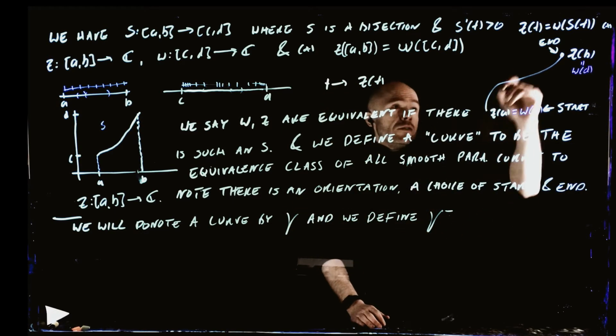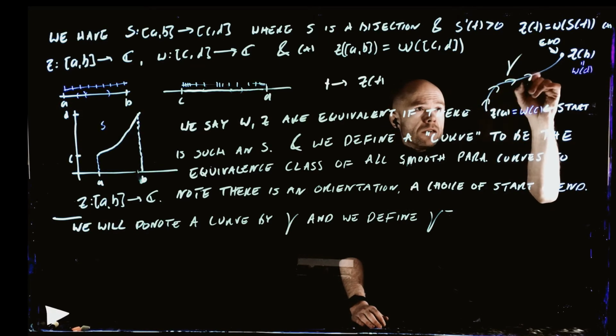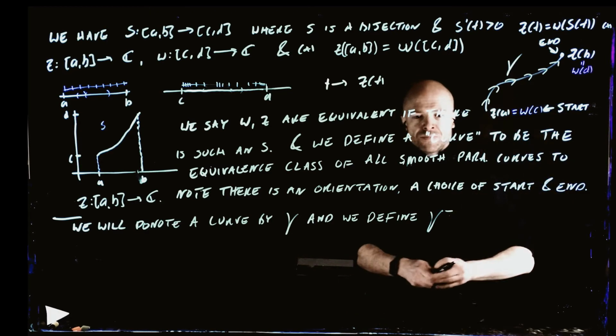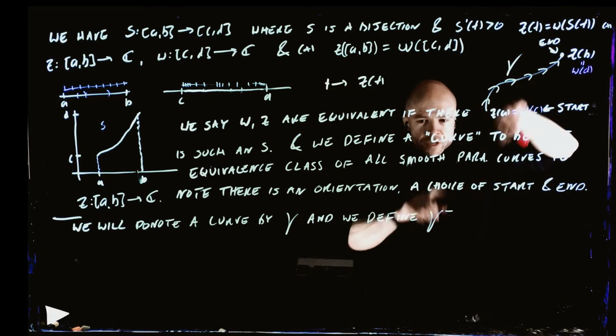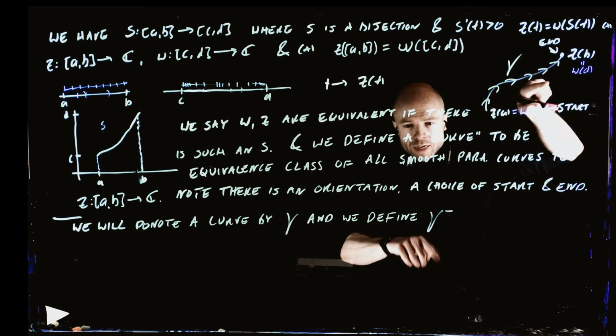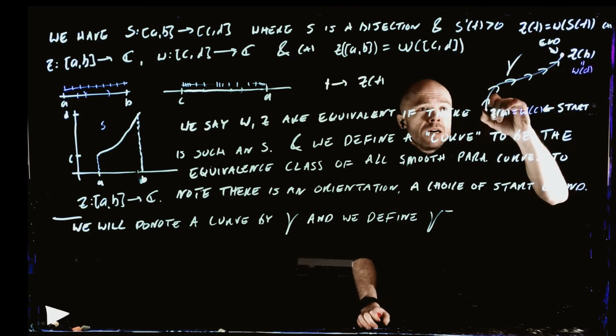Okay, so if this is gamma, we can think of this as having orientation going from the start to the end. And gamma minus will be a set which covers exactly the same set of points in the complex plane, but the start and end point are reversed.